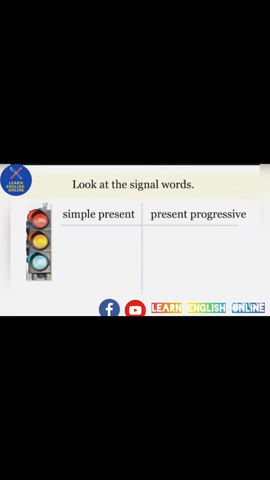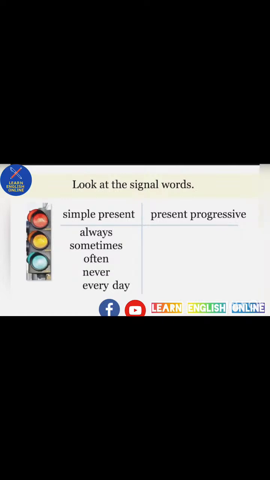On the simple present side, we use frequency words like always, sometimes, often, and never to show the simple present. We also use the word every, and we put it with another time, like every hour, every day, every week, every month, every year.